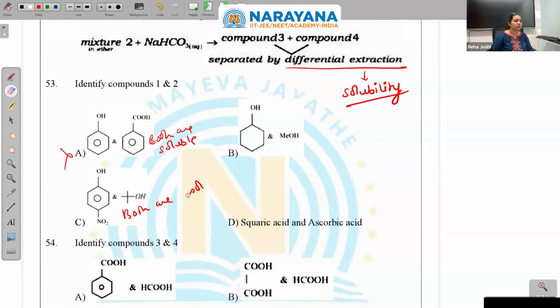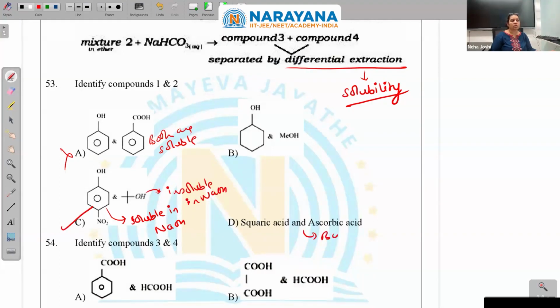Here it is not both. In NaOH this is soluble. This is insoluble in NaOH. So C.